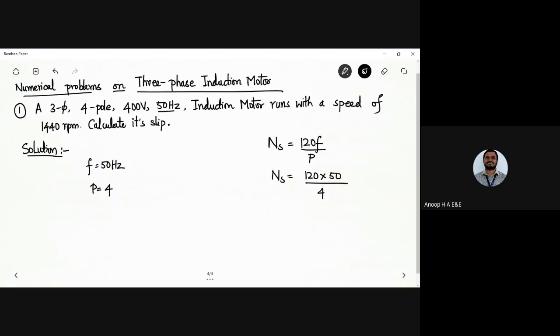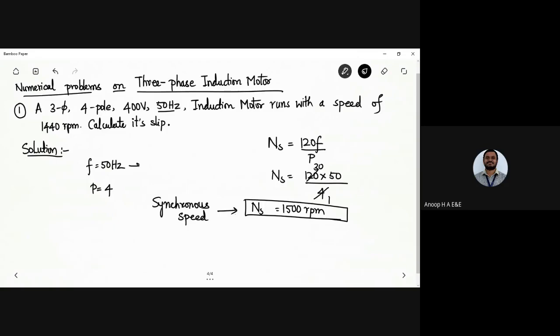So ns will be 1500 rpm. Generally I call this ns the synchronous speed, which is ns equals 1500 rpm.